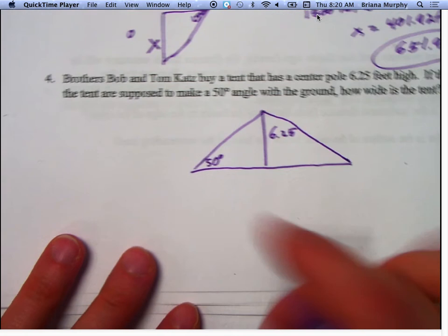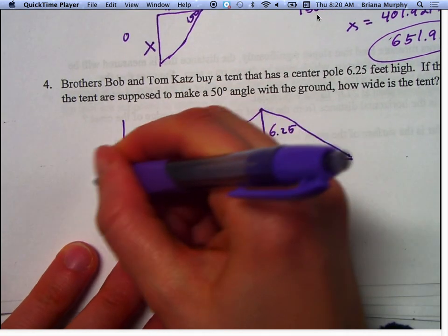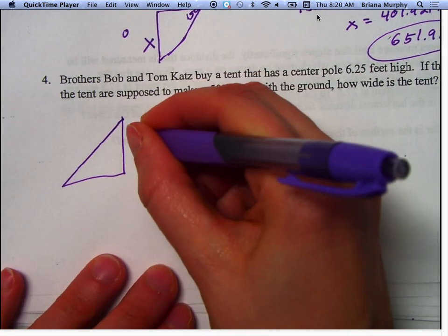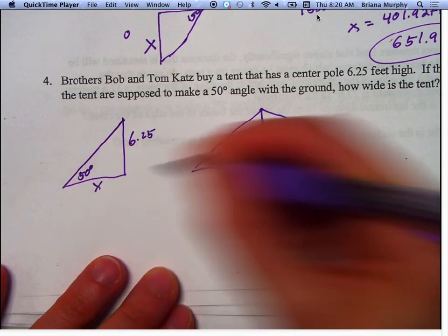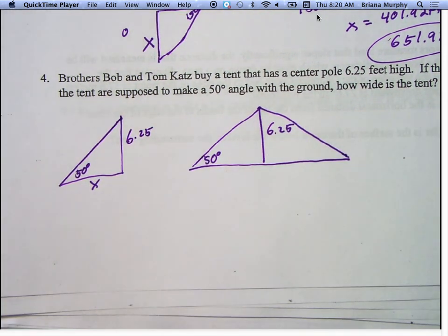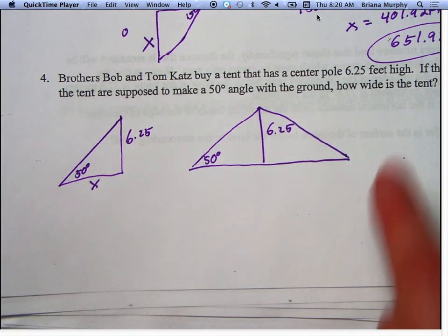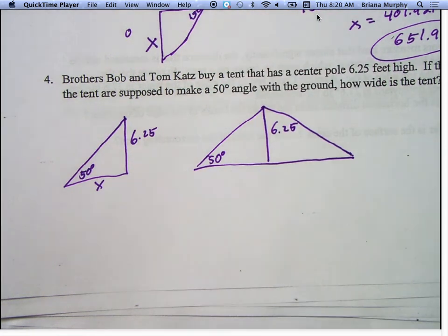I saw others of you draw it like this, where you're like, okay, I'm just going to figure out half of my tent. And then you just have to remember to do something in the end. Either drawing is fine. But remember, if you draw this one, you're going to do half, because we're dealing with right triangles here.